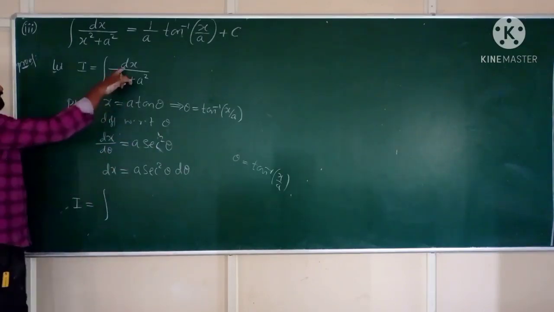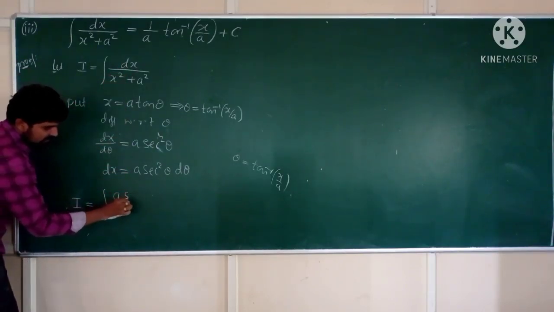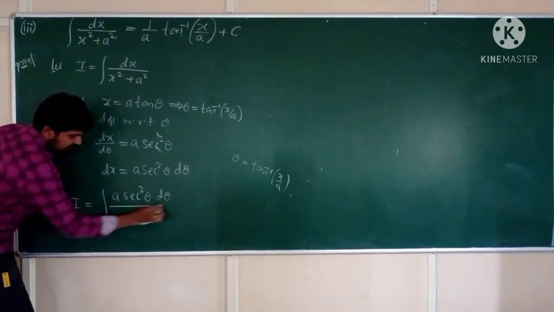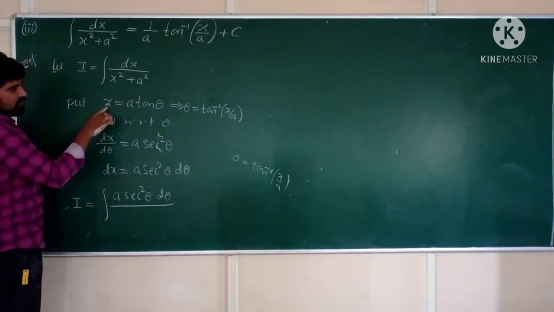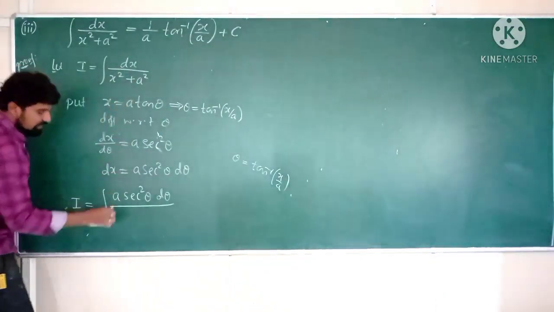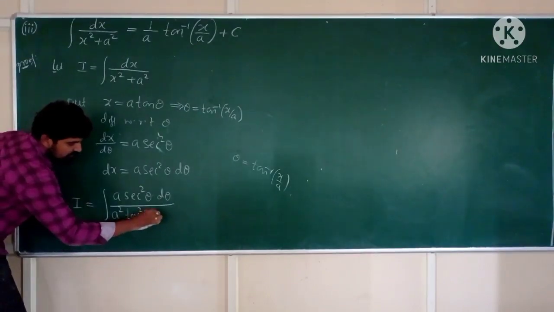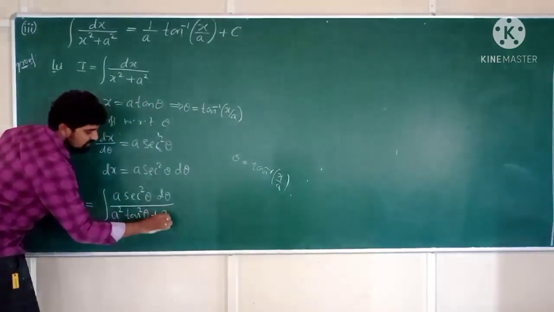integration of the value of dx, a secant square theta d theta, divided by x square. The value of x is a tan theta, so obviously x square is nothing but a square into tan square theta, plus a square as it is.